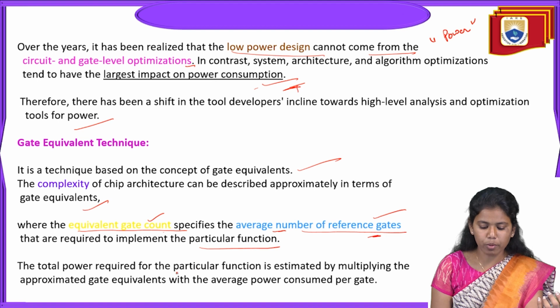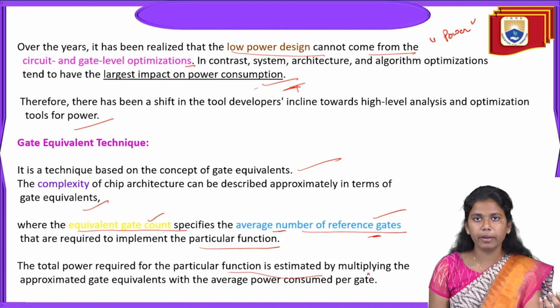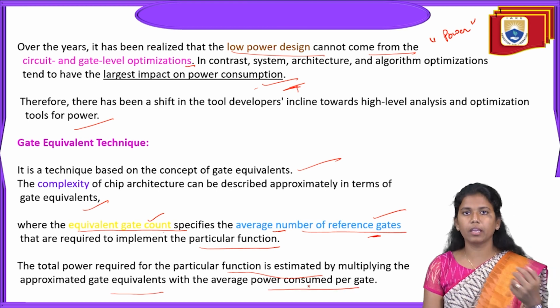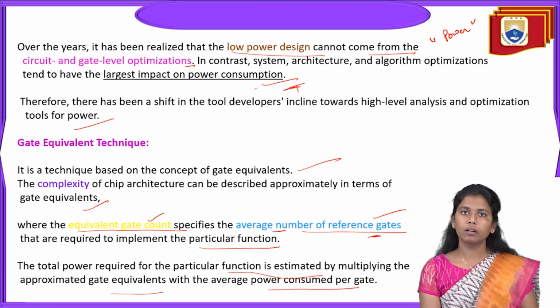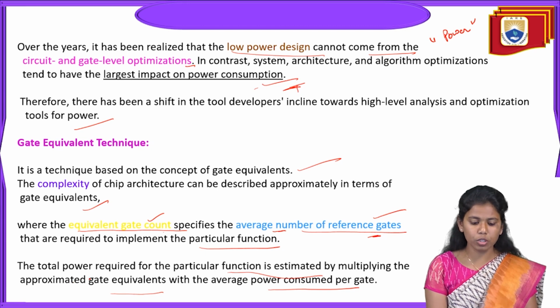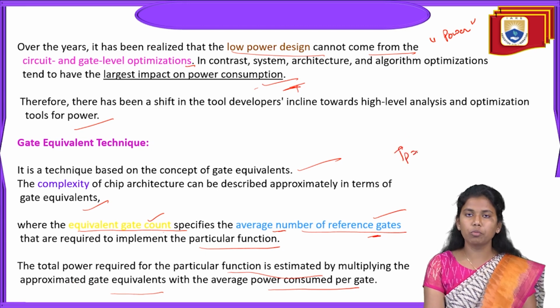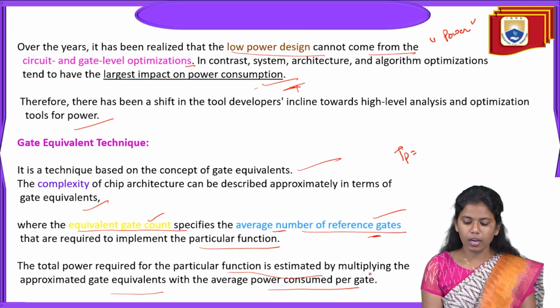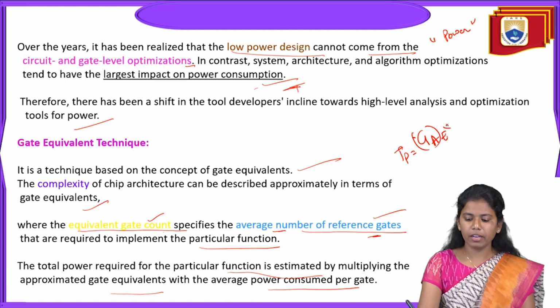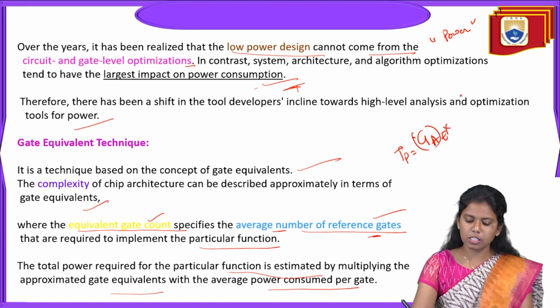Then the total power required for the particular function is estimated by multiplying the approximated gate equivalence with the average power consumed per gate. This is just an arithmetic way of representing the power consumption among the gates. So the total power required is a function of the approximated gate equivalence multiplied by the average power consumed per gate.